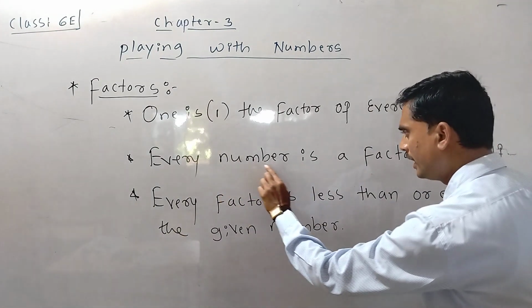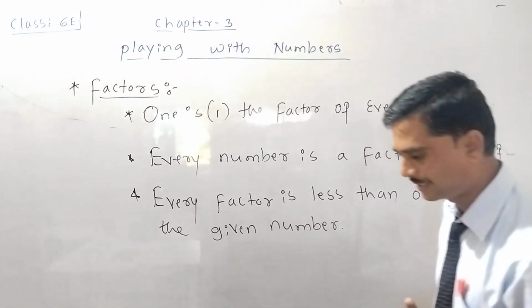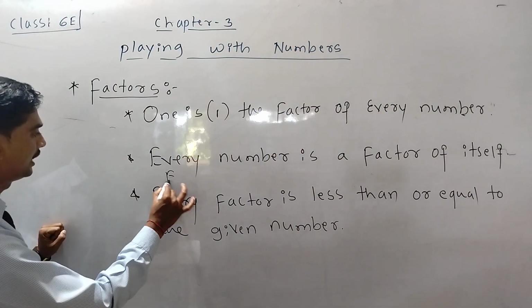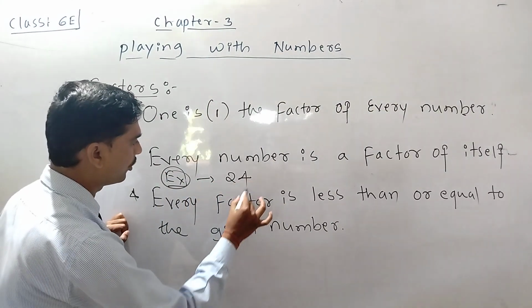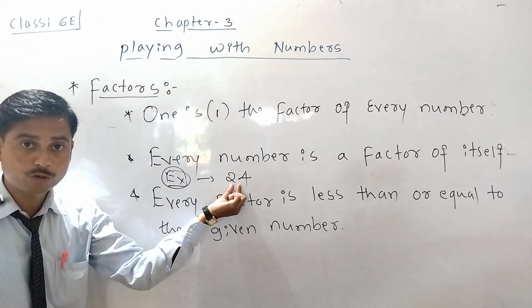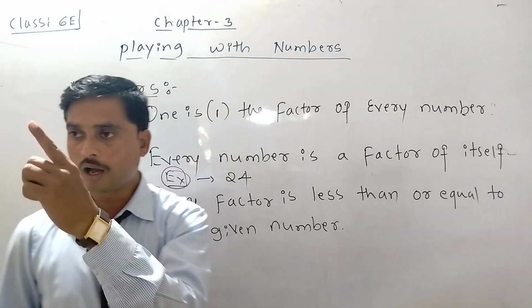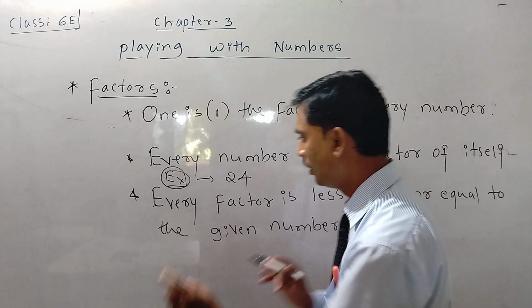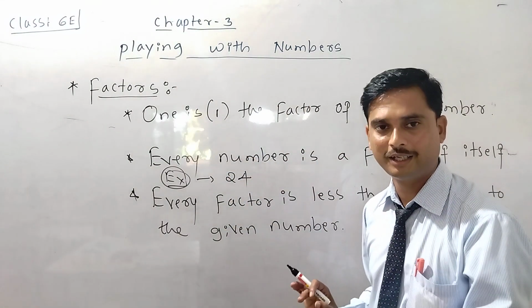Okay, every number is a factor of itself. Yes, every number is a factor of itself. Example, look here, I wrote 24. Find the factors of 24 means 24 also is a factor of 24. Yes or no?